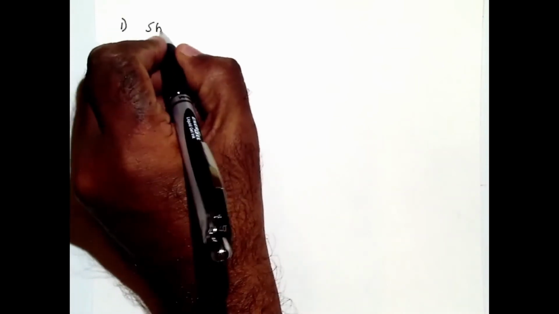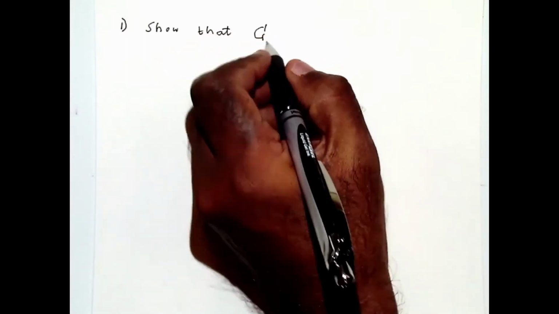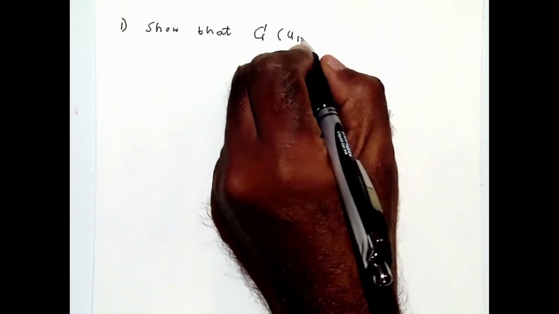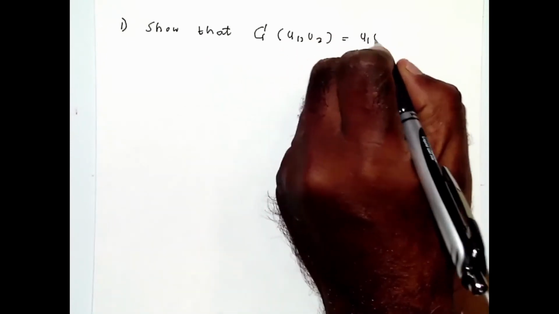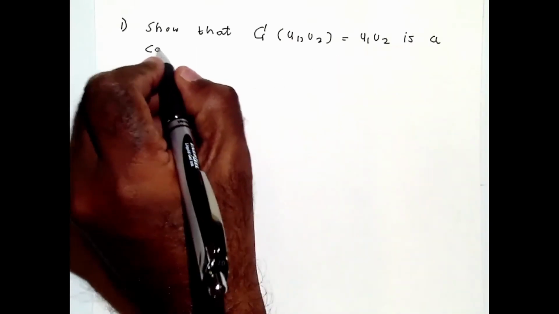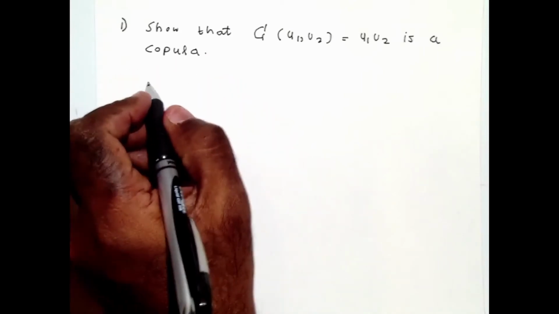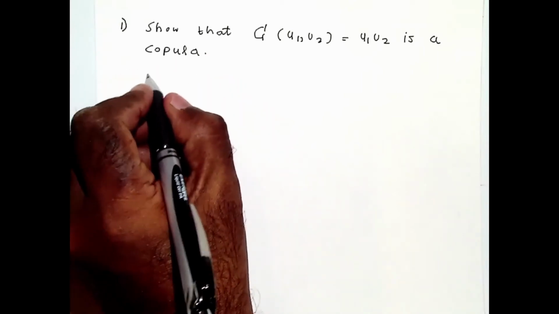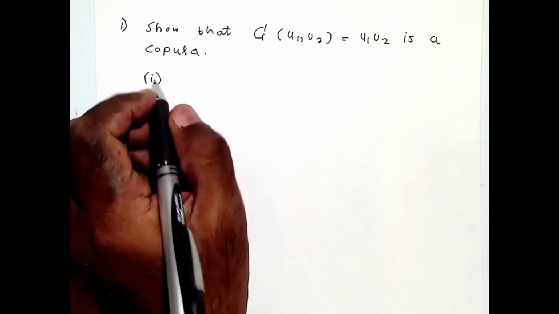Show... all right. So you may recall there are 6 conditions that we need to check.